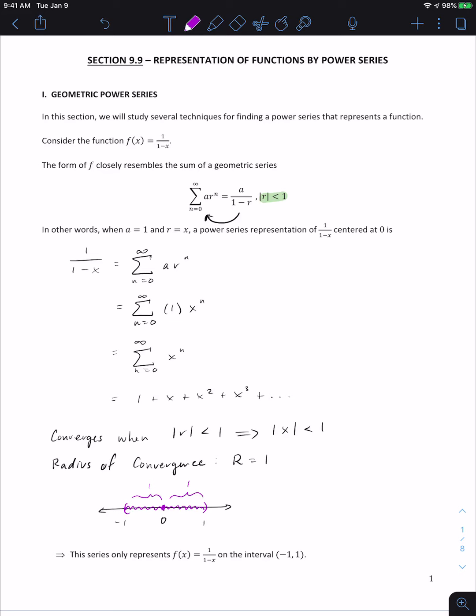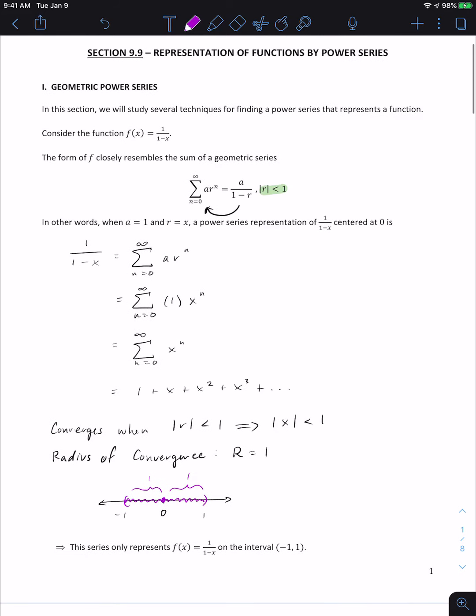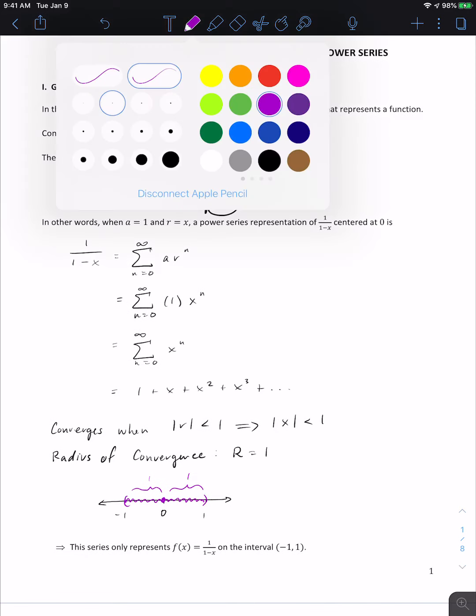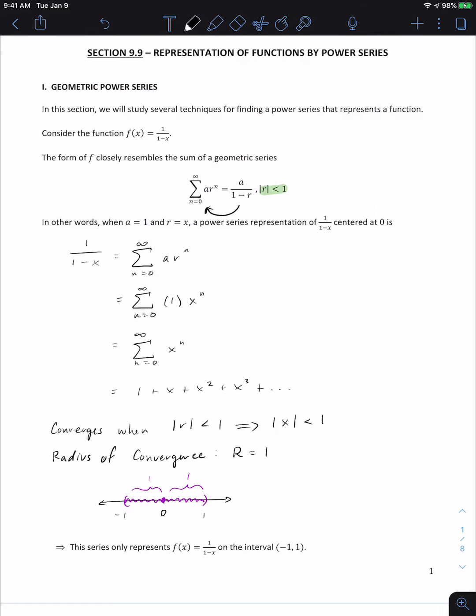In other words, I'm able to rewrite 1 over 1 minus x as the series 1 plus x plus x squared plus x cubed and so on, as long as x is between negative 1 and 1. Outside of that interval, this is no longer a good representation of 1 over 1 minus x.